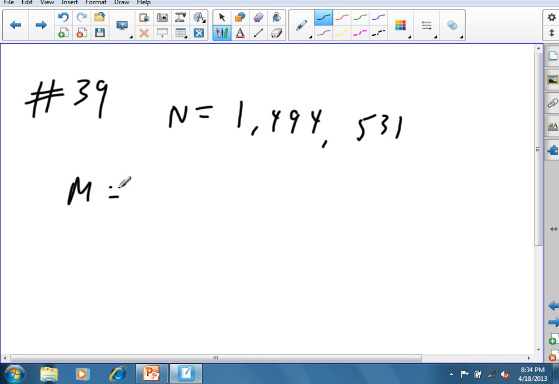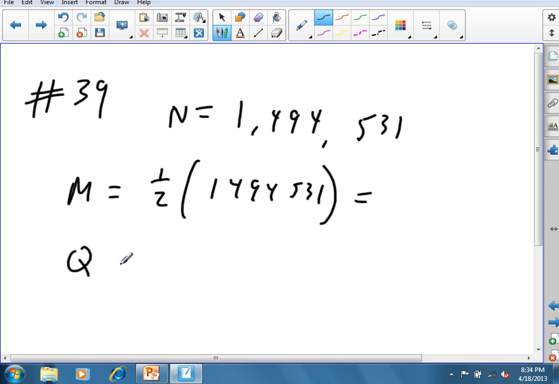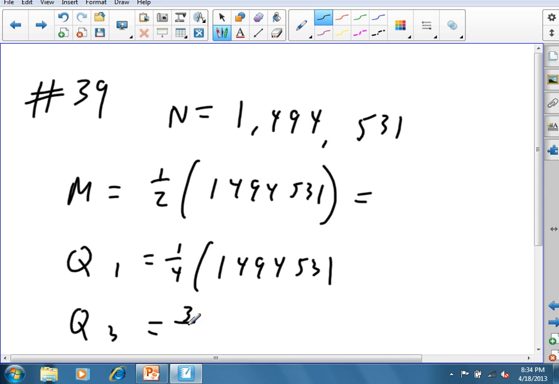Okay, so the median position is going to be 1/2 of 1,494,531, and then we're going to round that up. And then they determine the first quartile position, 1/4 of 1,494,531, and the third quartile, 3/4 of 1,494,531.